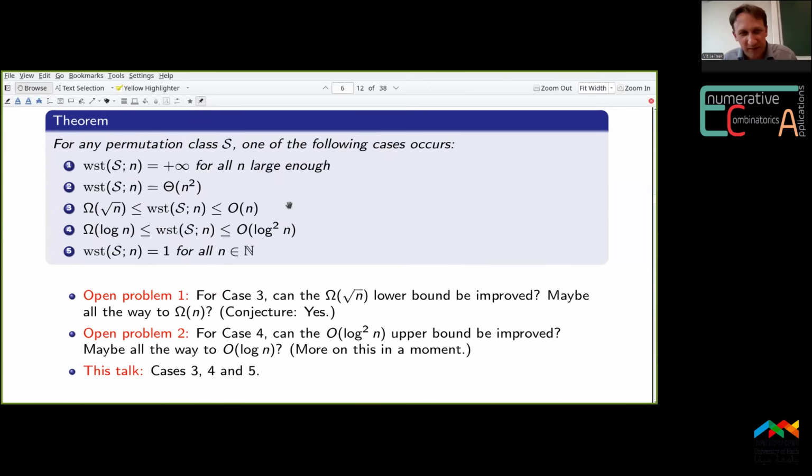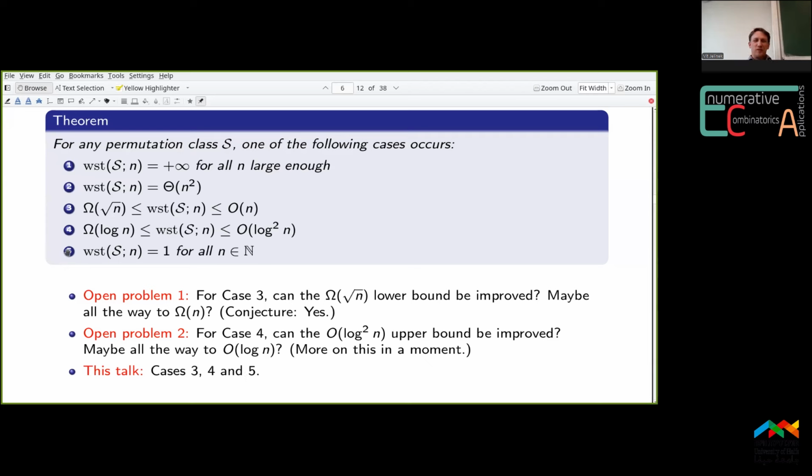If you are interested in knowing which classes have infinite sorting time or quadratic sorting time, or how this gap between quadratic and linear appears, do feel free to ask me afterwards, but I will not include it in this talk. So now for these cases 3, 4, and 5.